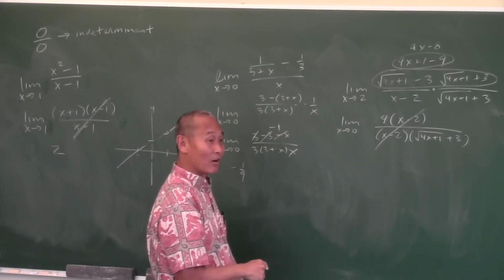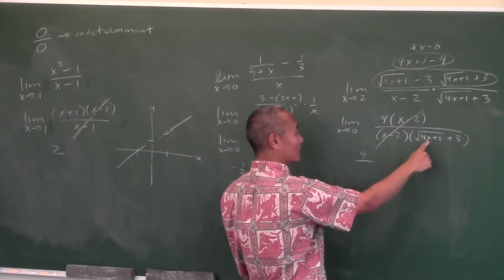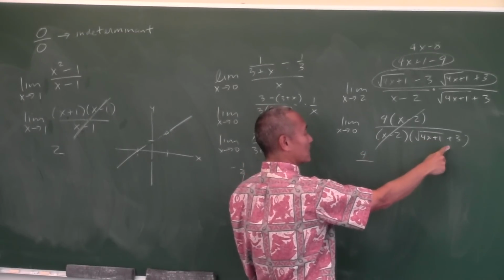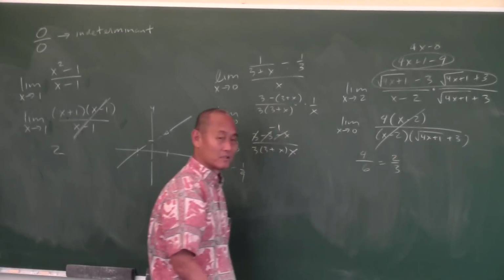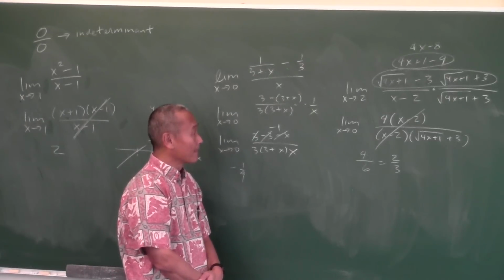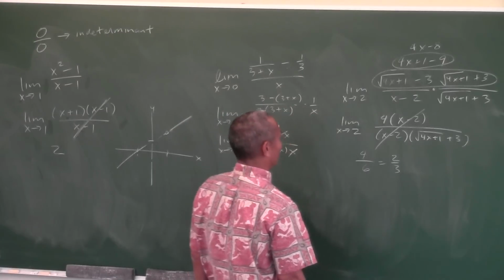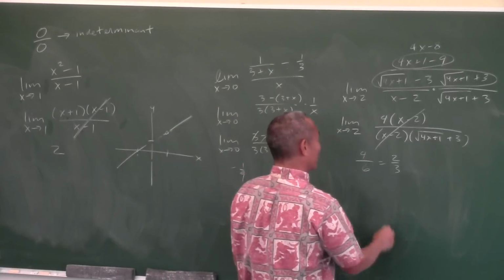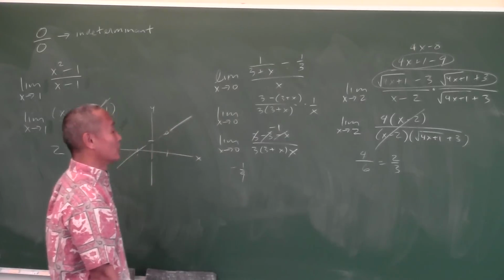Now can I plug in 2? Yeah, what happens when I plug in 2 now? You get 4 over 3 plus 3, which is 6, and of course that reduces to 2 thirds. Because you're plugging in 2, that's why.